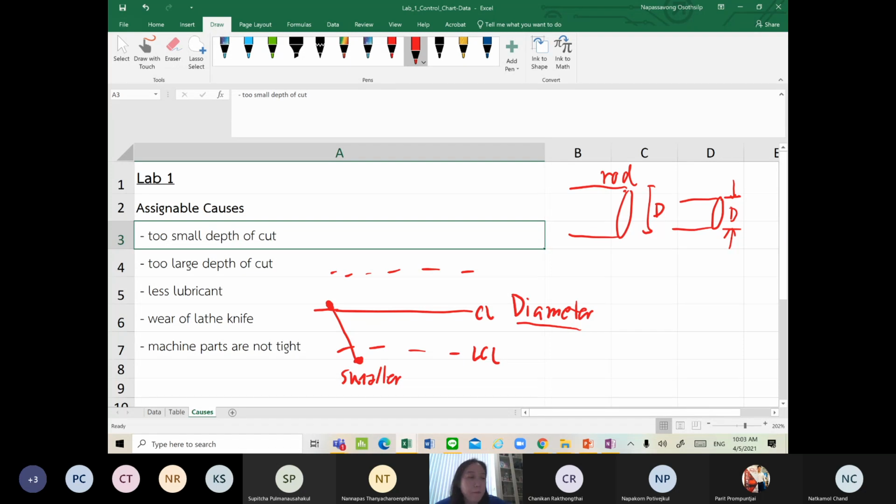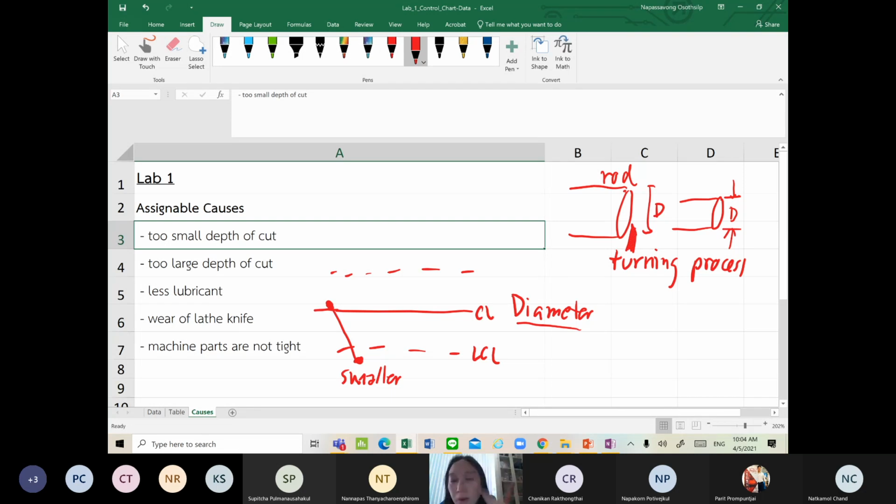So if you have a machining process, maybe like a turning process, you know the turning process, right? You will have a tool, which is called the tool knife, and then you feed it to some depth of cut. Actually, the part rotates like this with a certain speed, in rounds per minute, right?